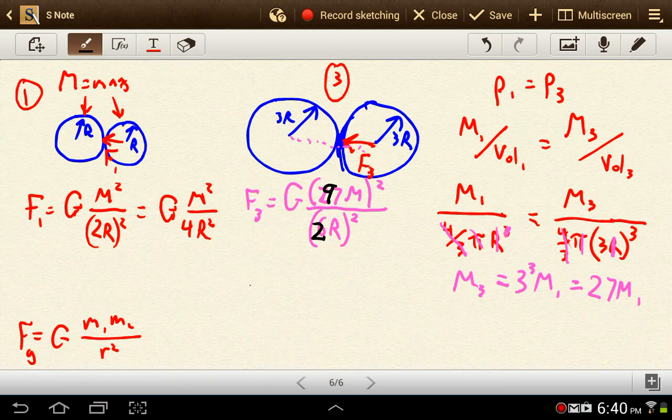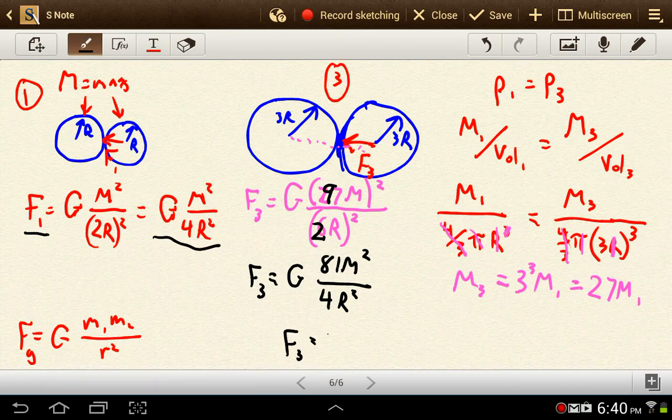So what I'll get then is F3 equals big G times 9 squared M squared, so 81 M squared, over 2 squared, which is 4R squared. And you'll notice over here F1 is G times big M squared over 4R squared. So F3 is 81 times F1. And that is your answer there.